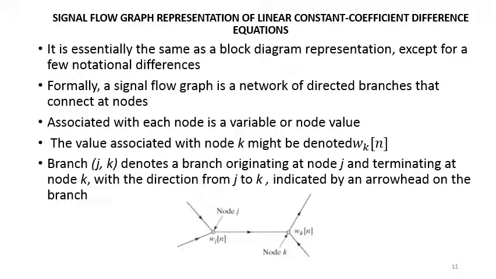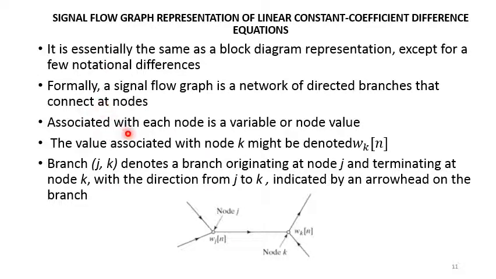There's another pictorial representation of the LTI system called the signal flow graph. A signal flow graph is essentially the same as the block diagram representation, except for a few notational differences. Formally, a signal flow graph is a network of directed branches that connect at the nodes.